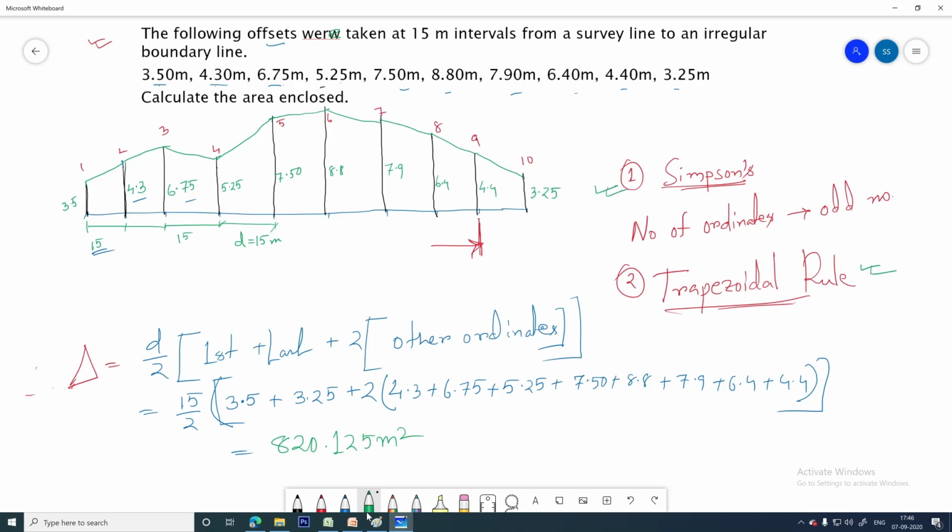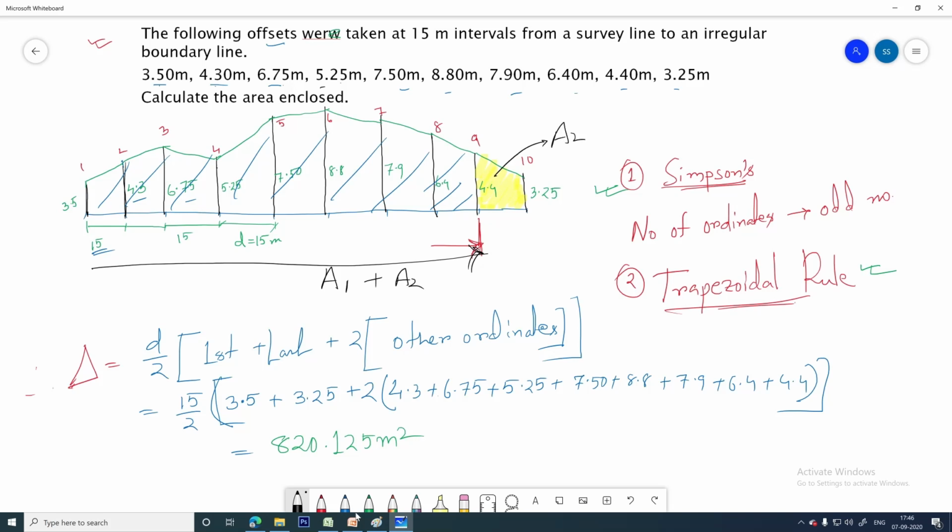But with the technique that I told previously, you can apply Simpson's 1/3 rule up to this portion, and apply the trapezoidal rule in this separate portion, and you will then get two areas. One area A1 up to this portion, plus A2 for this portion.